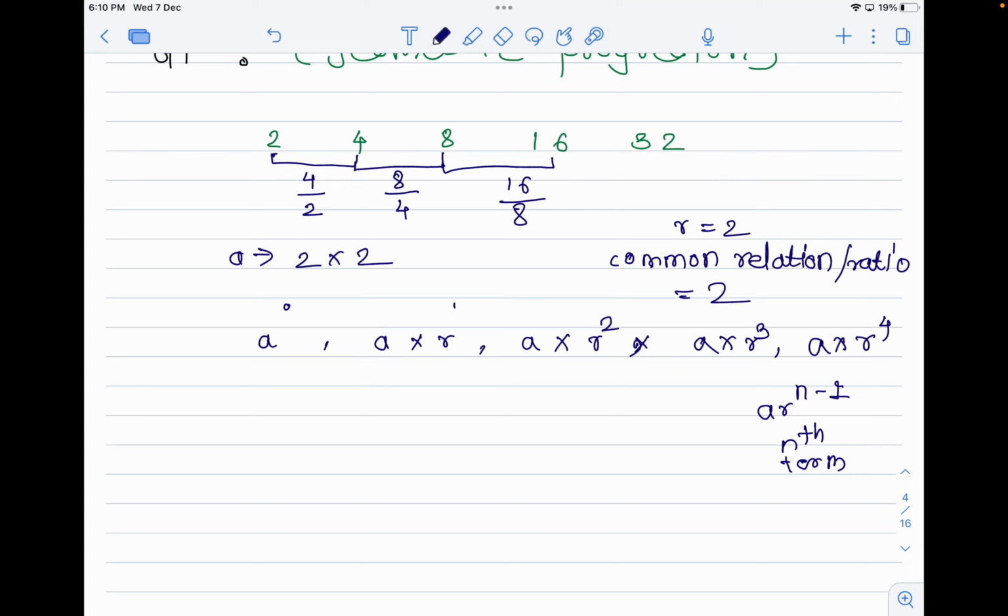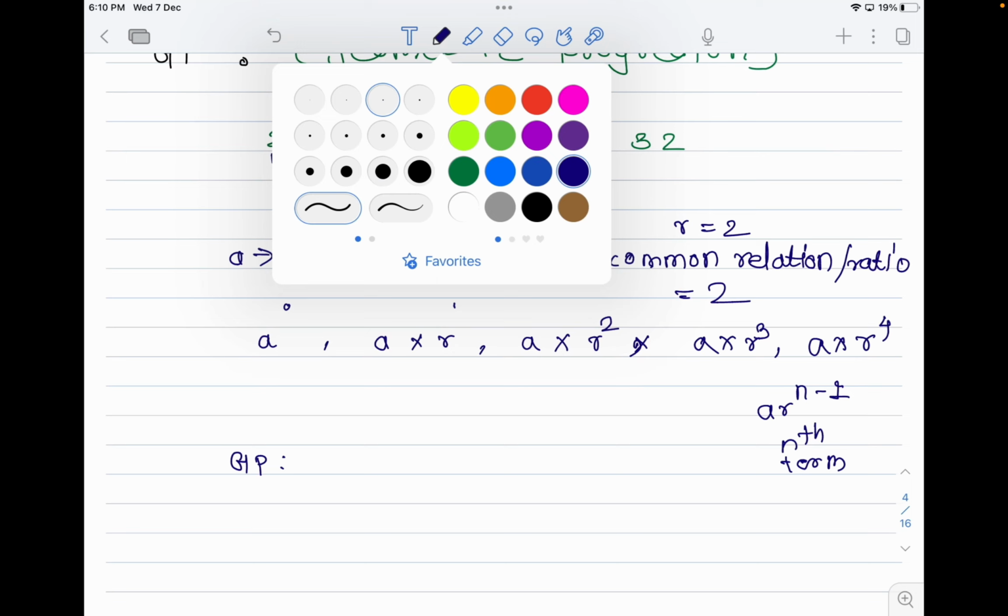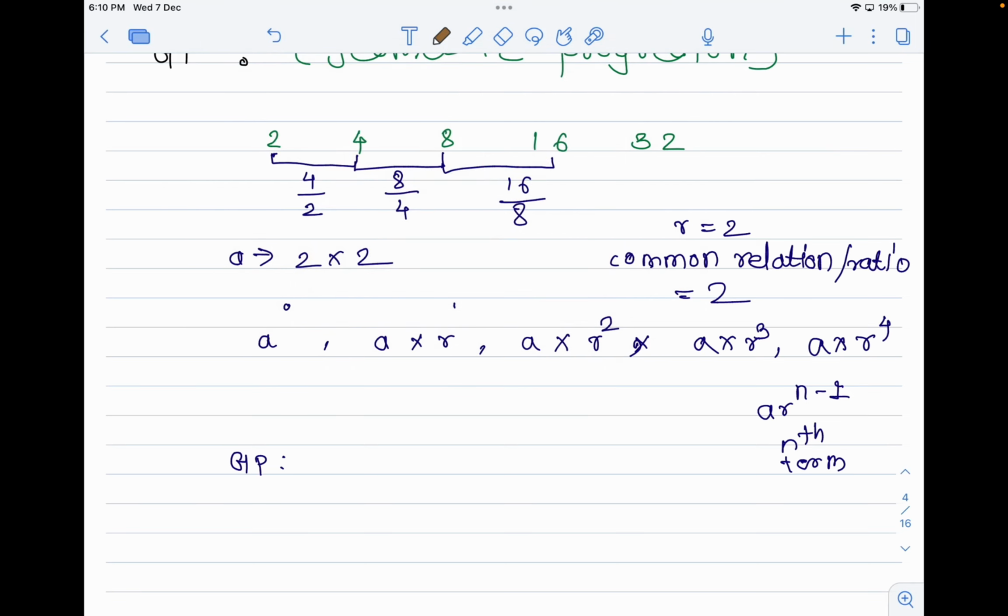So simply, r raised to n minus 1 will be the nth term here. So what is the formula of this GP? The GP formula is simple: a into r raised to n minus 1, divided by r minus 1.